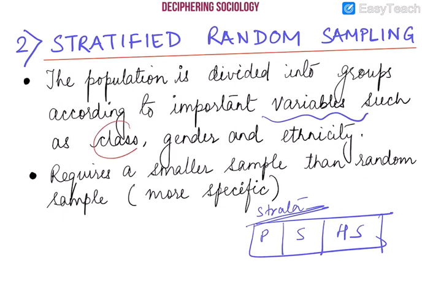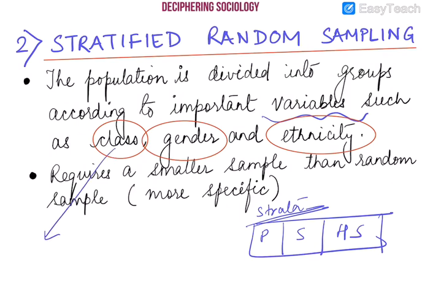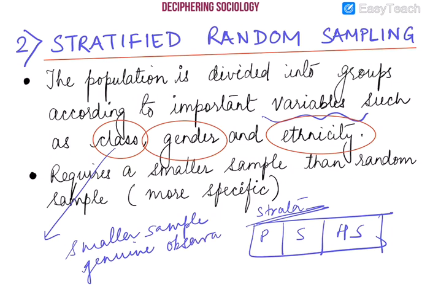For example, it can be class, gender, ethnicity, anything that a sociologist chooses. It makes his or her job easier, because when you divide people into certain categories, you can even take a smaller sample and you will get a genuine observation or result. It will be closer to the reality.